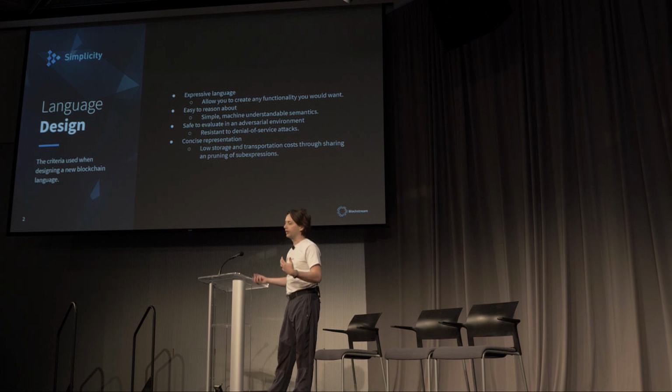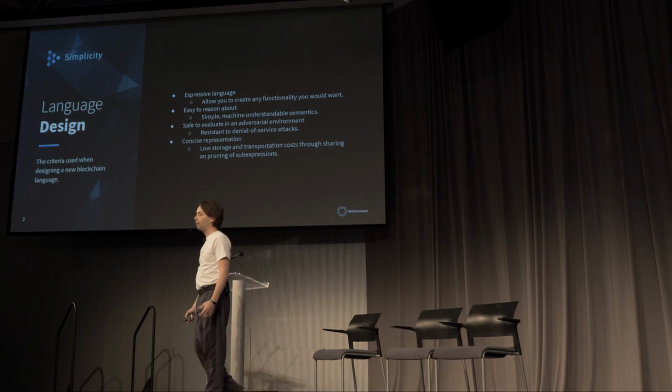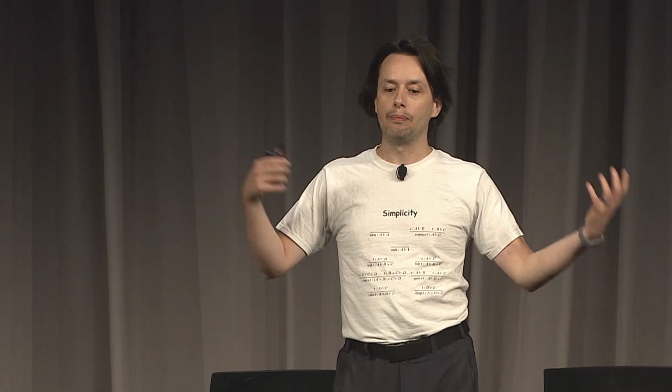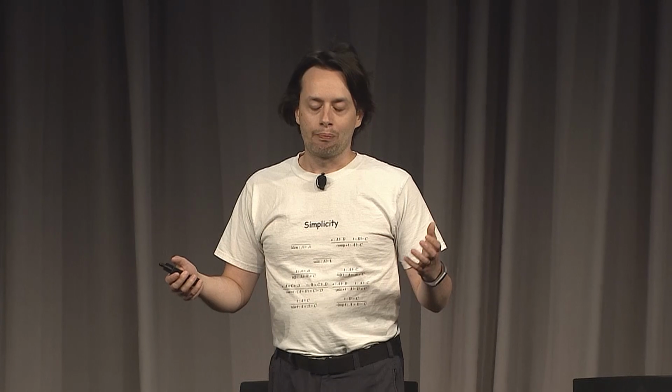Maybe you want to get into elliptic curve primitive operations so you can do more fancy cryptographic protocols. And we'd also want something that's easy to reason about, something with simple and machine-understandable semantics, so that we don't have semantics like in the original op left shift, where the semantics are, in some cases, your machine crashes.